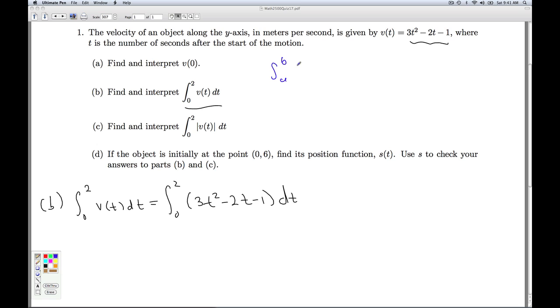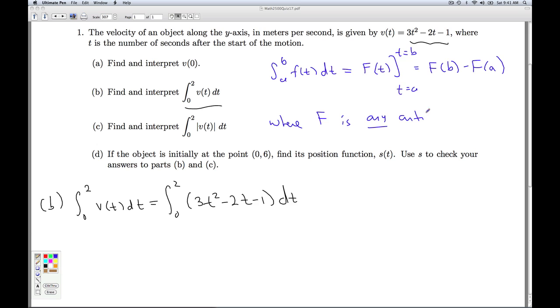The integral from a to b, f of t dt, is big F of t from t equals a to t equals b, which is F of b minus F of a, where F is any antiderivative of little f. Antiderivative means, remember, that big F prime of t is the same as little f of t.